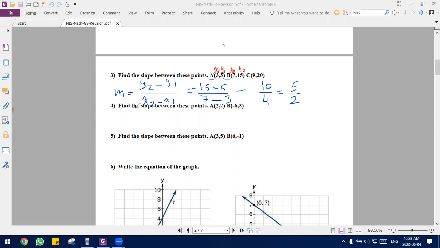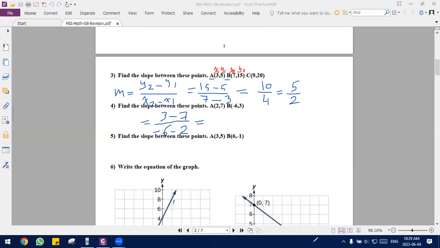Now for question 4, again, find the slope between these points. We know the formula. So you should write it again, but I will not write it here. So y2 is 3, minus y1 is 7, divided by x2, which is minus 6, minus x1, minus 2.